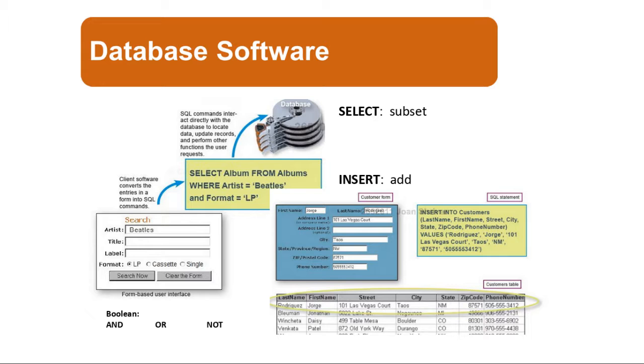So this is a little bit of a misnomer because when you insert a record into a table, it's typically what we call appended to the last record. They may be sorted, but when you first initially do it, it's typically appended to the bottom of the table. So this is what it looks like. We use a form to make it easier for us. It's converted into an SQL, and then the impact is on the table.